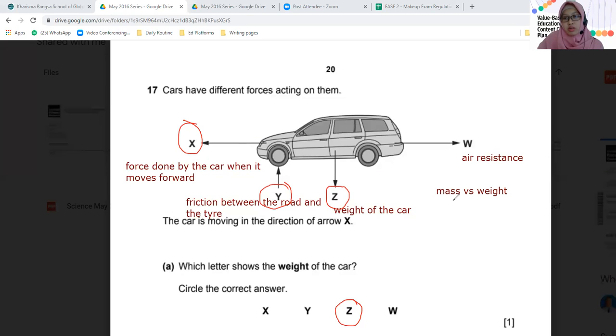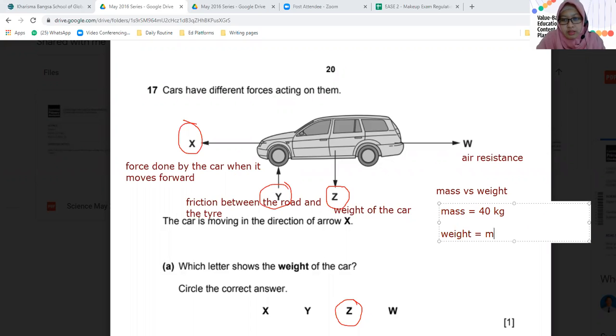When you are on Earth, let's say your mass is 40 kilograms, this is just an example.